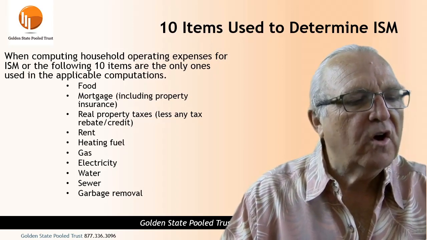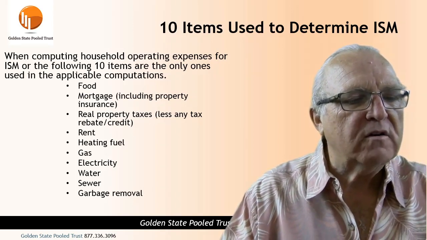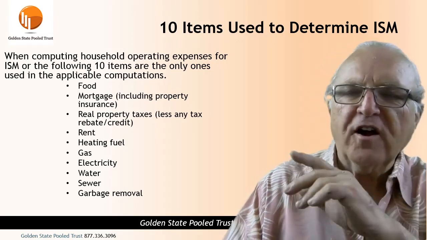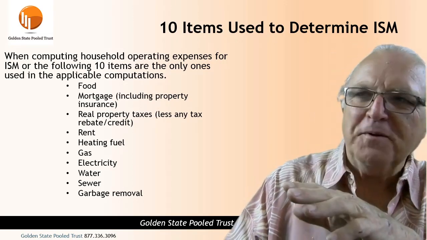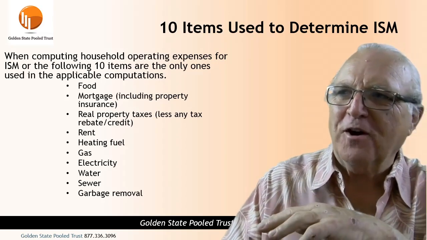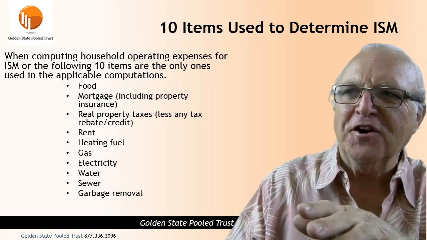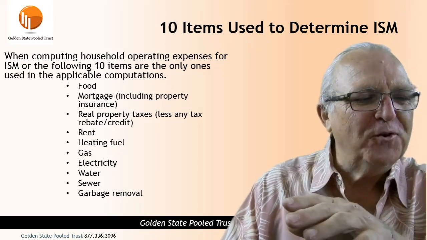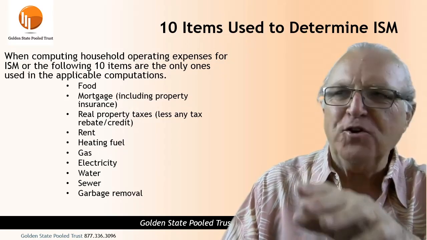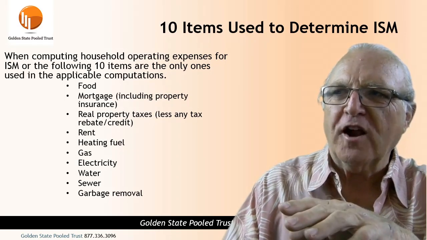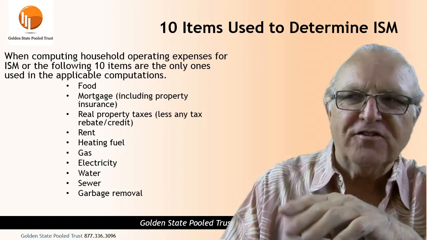Okay, and that's why. So we go back to this and reiterate here, what are the 10 items that we count when we're talking about doing an ISM reduction? Now, the one thing on the top of the list, and we're going to be hearing from Amy in a minute, so I'm going to cut you off at the pass here, is we've had this ongoing discussion about whether or not food is a QDE, and I think what we've determined is there's a lot of confusion, but functionally it is.